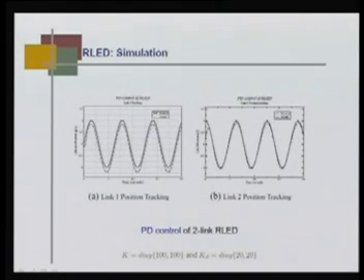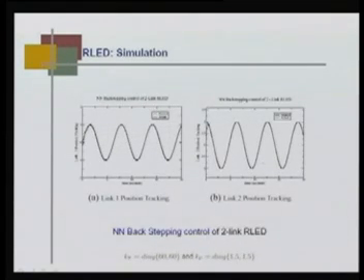This is PD control of a rigid link electrically driven manipulator. Okay, by taking this is a PD control, and you see that with the proposed backstepping control the tracking error vanishes.